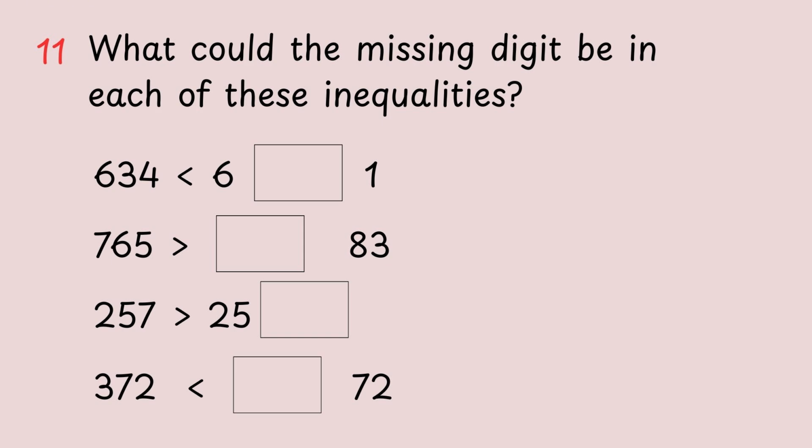The third one is 257 greater than 25 blank. So you can write any number that will give smaller than 257. The fourth one is 372 less than blank 72. So you can put any number that will give greater than 372.